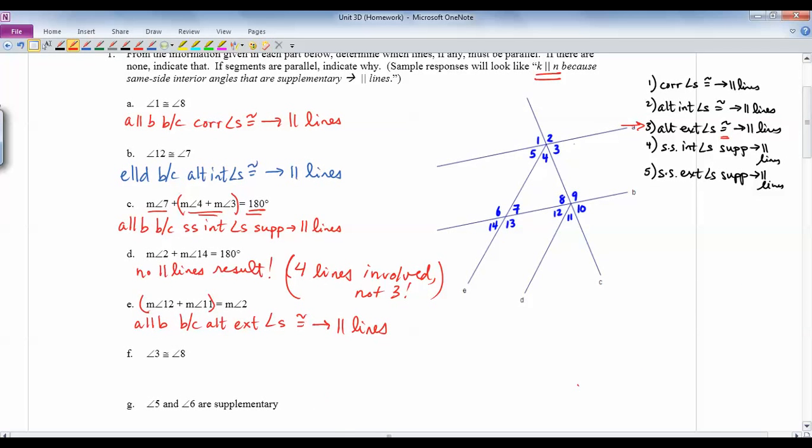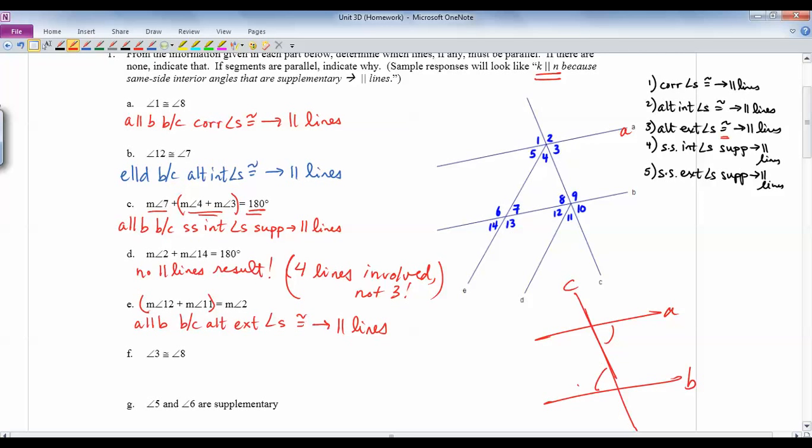The next one says angle 3 is congruent to angle 8. Angle 3 is formed by these 2 lines, A and C, and it's congruent to angle 8, which is formed by C again and B. If I slide this down, this was line A, this was line B. They're on opposite sides of the transversal, so they're alternate, and they're inside the 2 main lines, so they're interior.